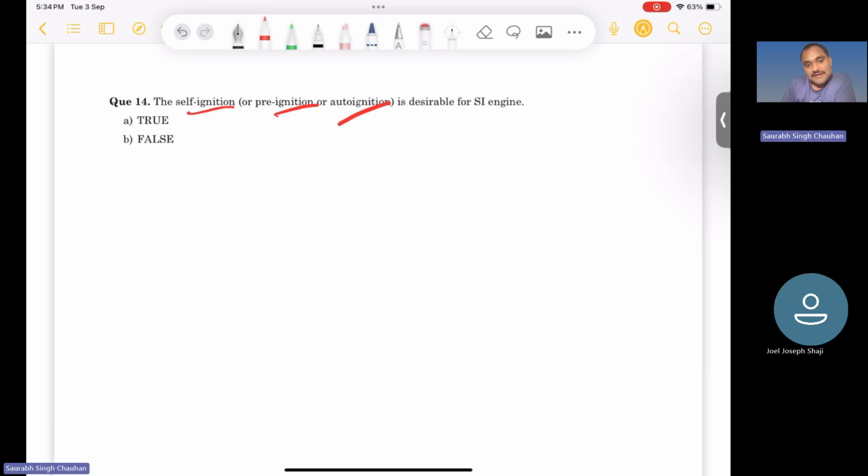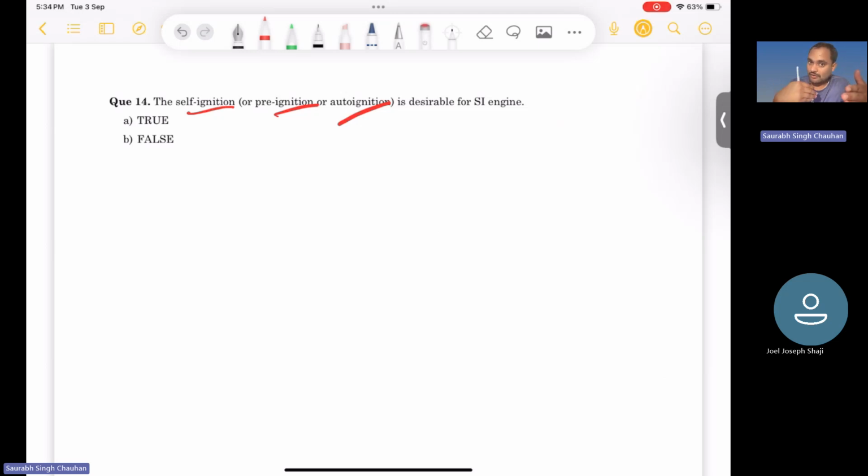This can take place because there can be some hot regions in the cylinder. For example, some soot particles which have been stuck at some location inside the cylinder are very hot, so they can act like a source of ignition. So that can be one possibility. What will happen when you are compressing the air-fuel mixture?